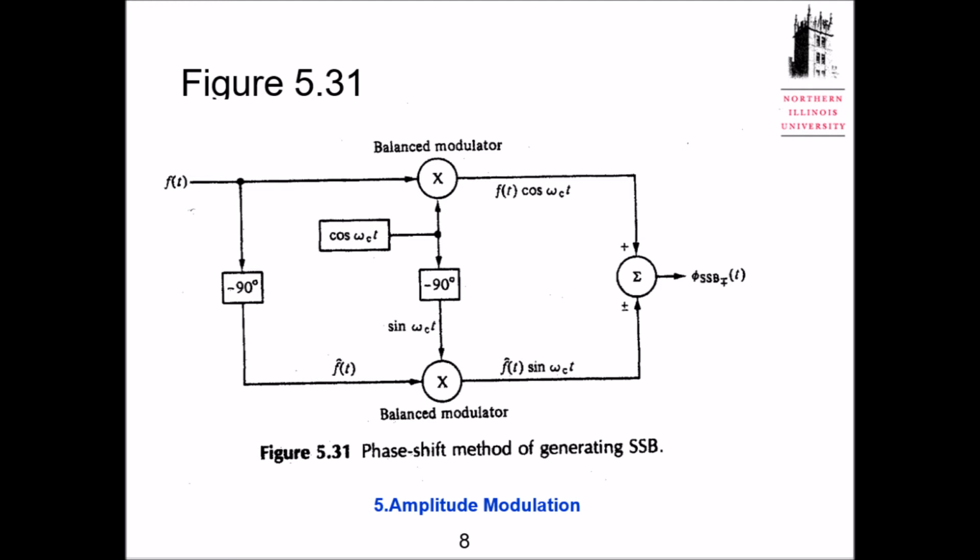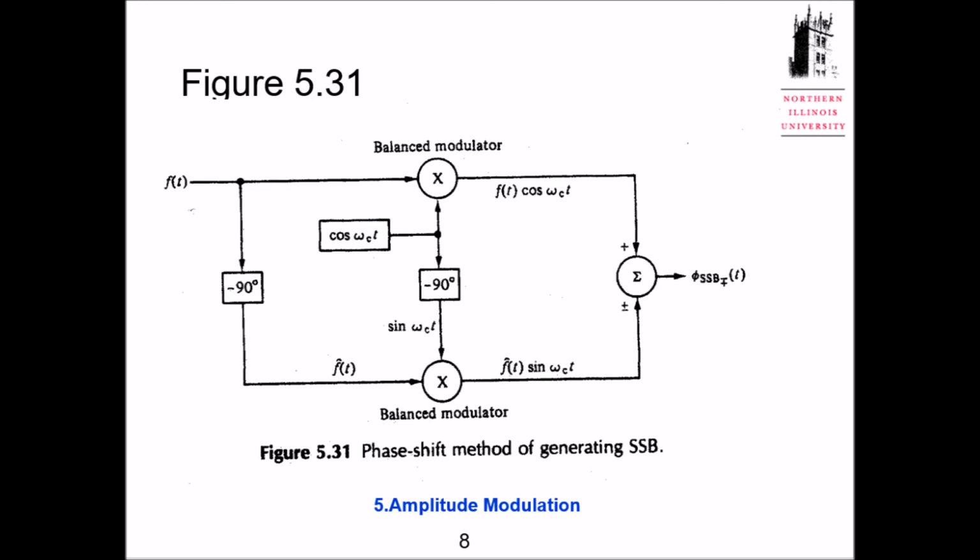So this is method number 2 for generating single sideband. Similar to our equation, we have the signal mixed with the carrier as one branch. Another branch has the signal shifted and the carrier shifted. So m hat of t will be mixed with sine omega_c t.